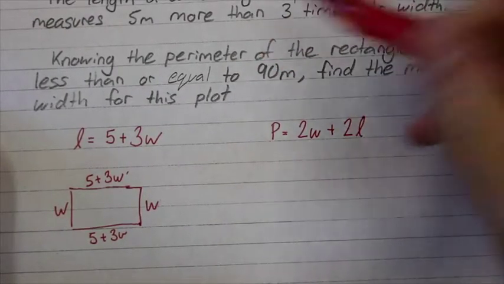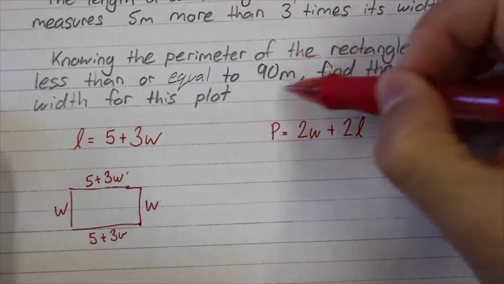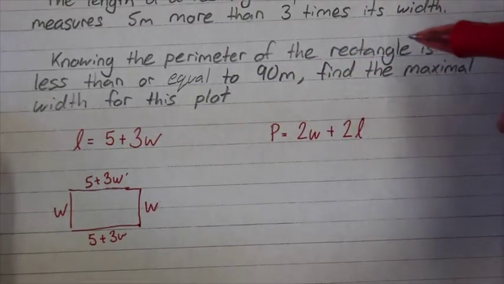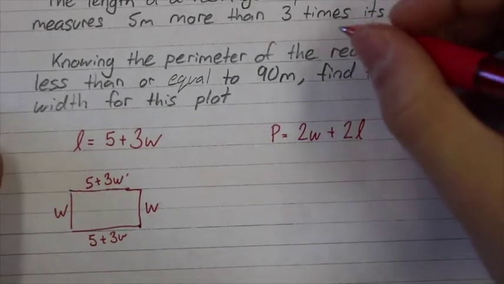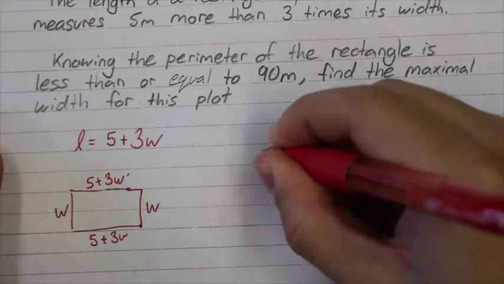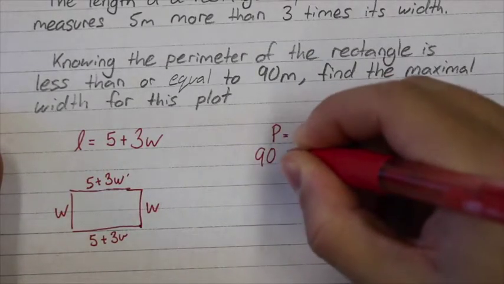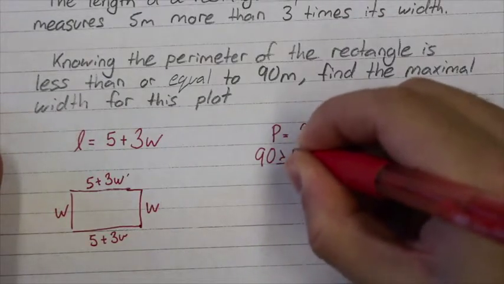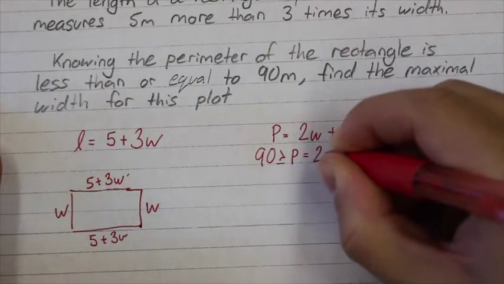The perimeter of the rectangle is less than or equal to 90 meters. So I'll write that in. For perimeter, it's going to be less than or equal to 90 meters.